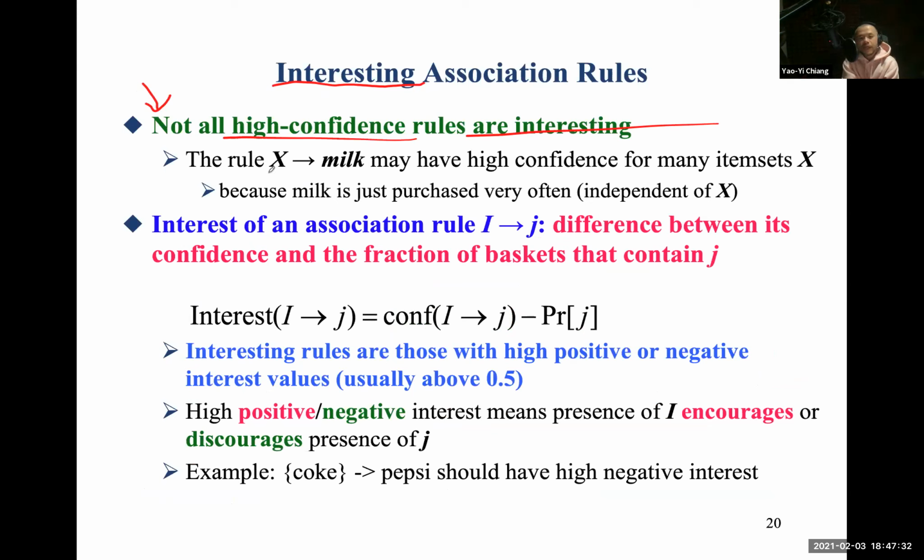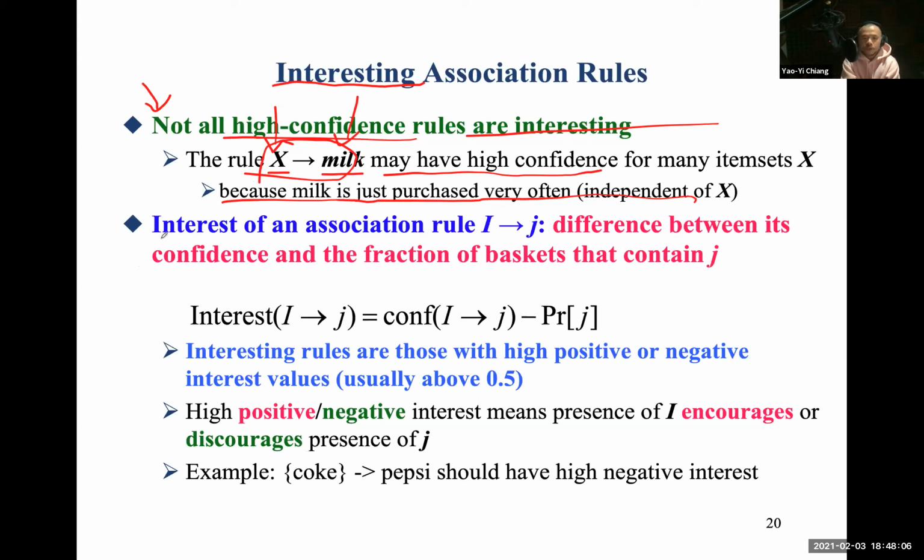So the rule X implies milk may have really high confidence because every time you see X, you will see milk, because milk is just purchased very often, say 90% of your transactions contain milk. And this makes this rule less interesting because it's very obvious and you might not be able to benefit from having this rule.